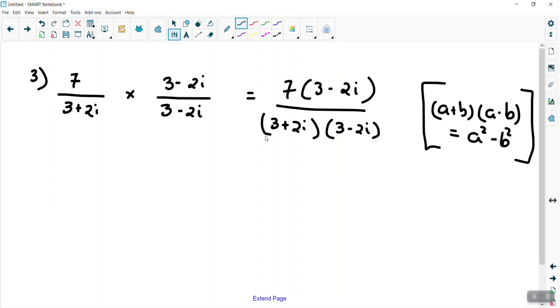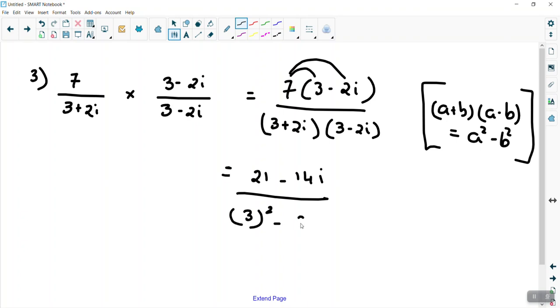So we'll be using this identity in the denominator, which gives us, now expanding the brackets in here, we get 7 times 3 is 21, 7 times 2 is 14, so you get 14i over, now remember this is the identity, so we have 3 squared minus 2i also squared.